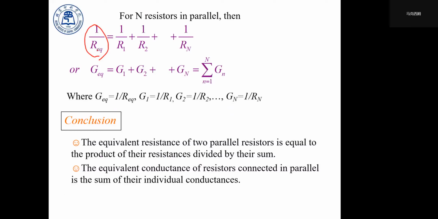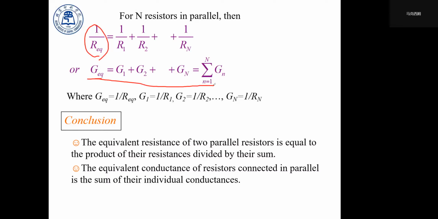The reciprocal of the equivalent resistance equals the sum of the reciprocals of the resistances on the parallel branches. Or we can change it into a simpler form. We can replace the reciprocal of the resistance with the conductance. So the equivalent conductance equals the sum of the conductance on every branch.